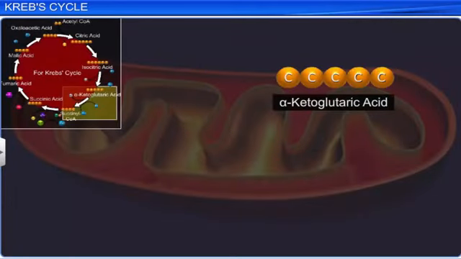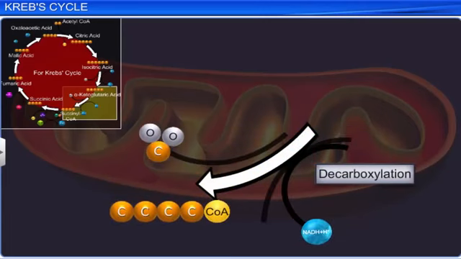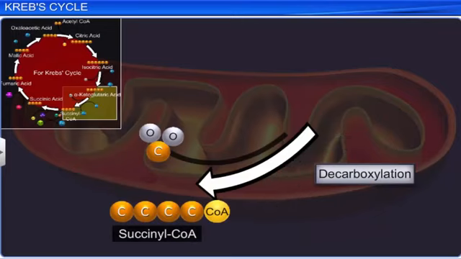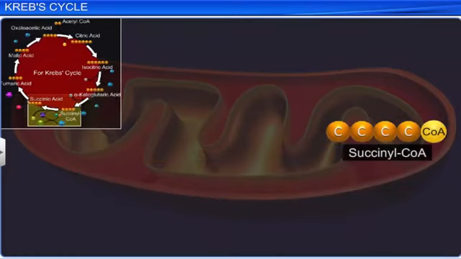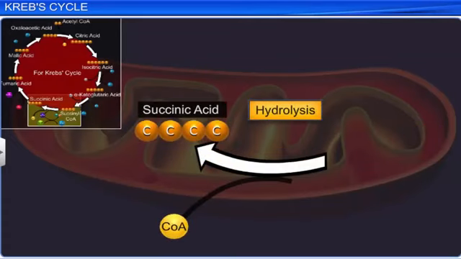This alpha-ketoglutaric acid undergoes oxidative decarboxylation using coenzyme A to form succinyl coenzyme A, along with the reduction of NAD+ to NADH plus H plus ion. The succinyl coenzyme A formed is hydrolyzed to succinic acid with the release of coenzyme A.